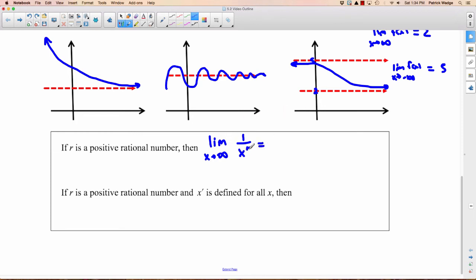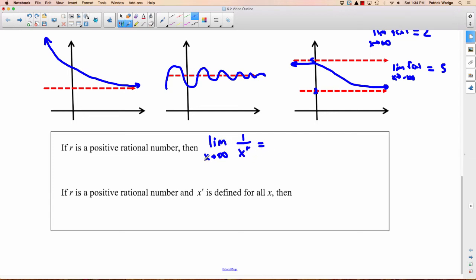We could have any positive rational number. So this could be x to the first power, x squared, or x cubed. It could even be a fraction, x to the 2/3, but don't think about that for a while. It might just confuse you. Think of this as being like x to the first, or x to the second, or x to the third.